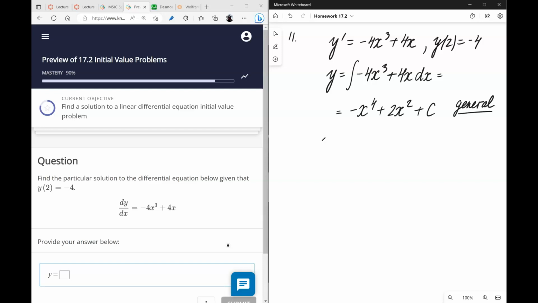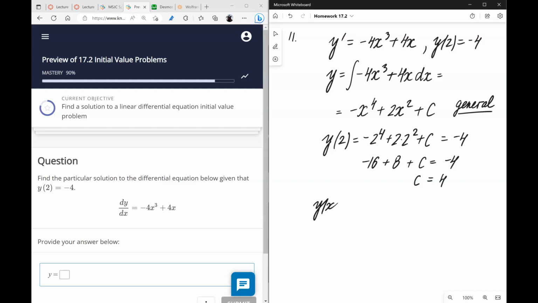To find the particular solution, we're going to use the fact that y at 2 is equal to negative 4. So we got negative 16 plus 8 plus c equals negative 4. Looks like c is equal to 4. So y equals negative x to the 4 plus 2x squared plus 4 is the particular solution we were looking for.